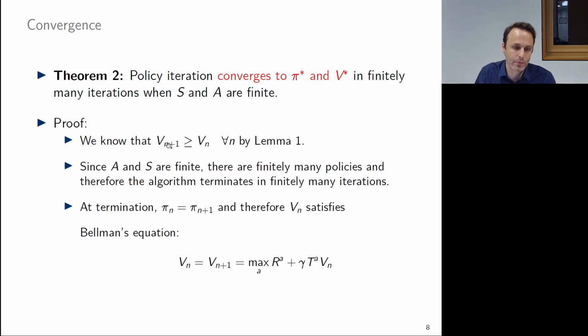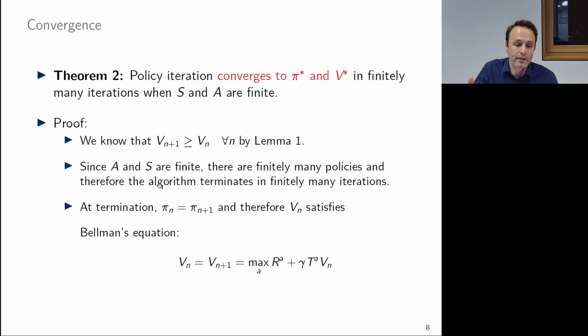Now the proof is that, well, we have just seen in lemma 1 that the next iteration will give us a higher value function than the current one, or an equal one. And since we have finitely many actions and states, there are also only finitely many policies that we can try for each of the states. And so the algorithm will terminate in finitely many iterations.